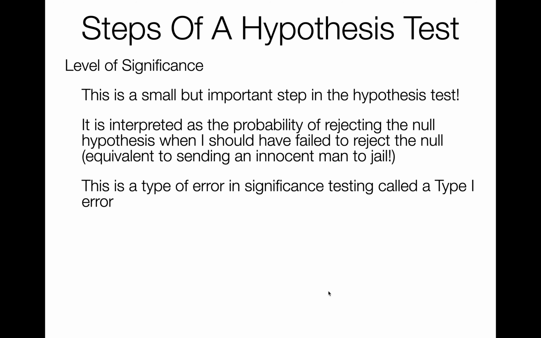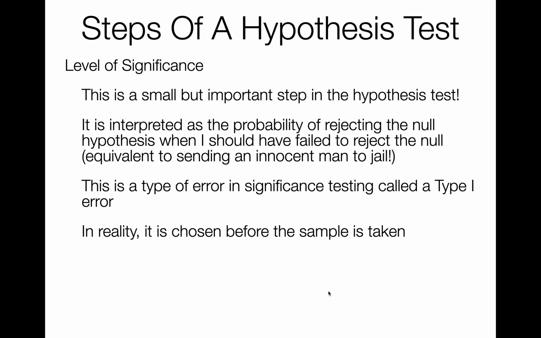All right, so this is a type of error in hypothesis testing, or it's often called significance testing, called a type 1 error. Again, these are important to know, but not really crucial to actually doing a hypothesis test. So if this goes over your head, I want you to sit down and take time to think about it, but don't dwell on it too long.